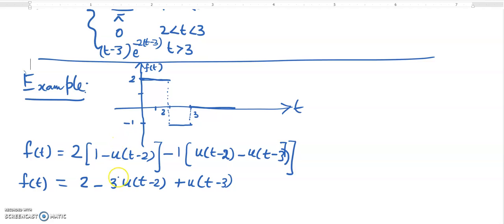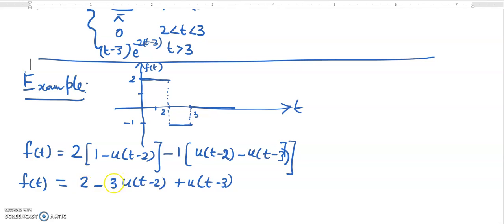So we can just verify whether it works or not. For any range of values of t between 0 to 2, the step functions will be 0. So the only value remaining is 2. So that is correct. For any value of t between 2 and 3, the last term will be 0, and u of t minus 2 will be 1.